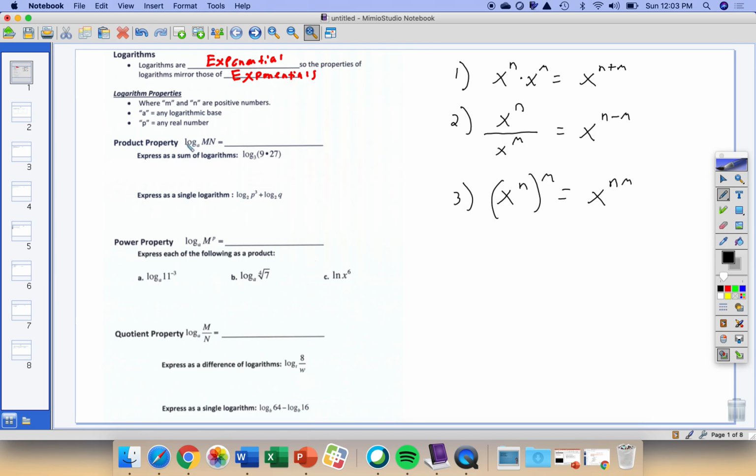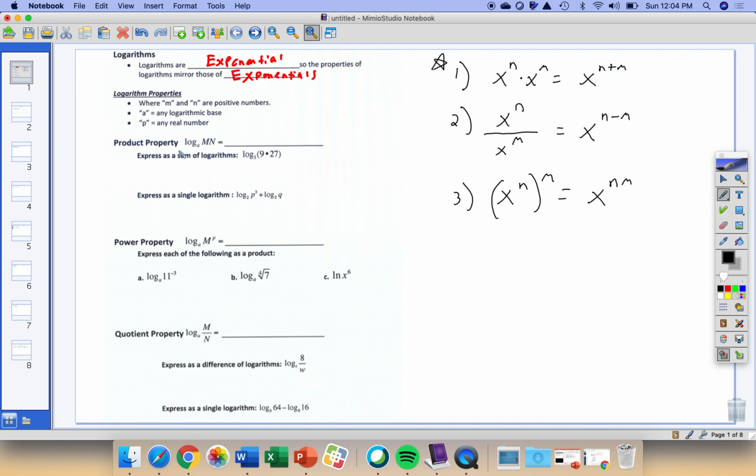When I'm talking about these logarithmic properties, I'm using the letters A, M, and N. M and N are both positive numbers. A is going to be the base of my logarithm, and P is going to be any real number. So here it says the product property, where it's log base A of M times N. This property mimics the product property for exponentials, because when I'm multiplying two exponentials together, I can add their exponents.